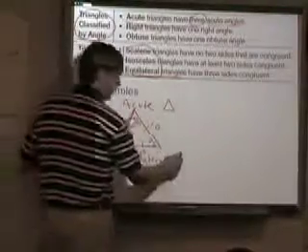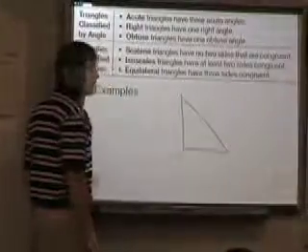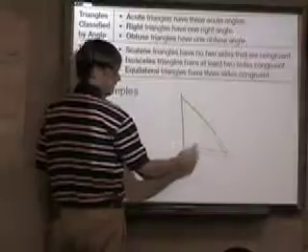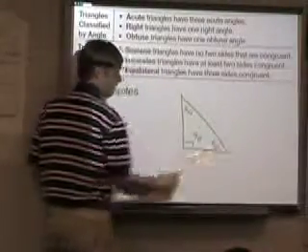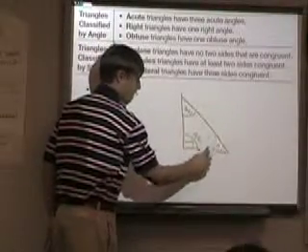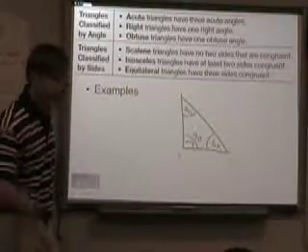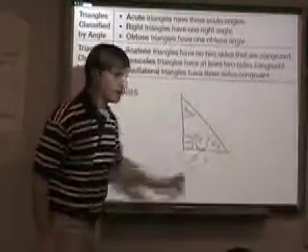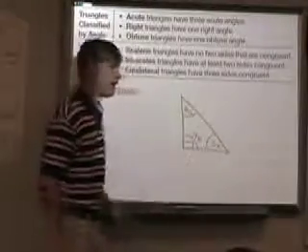Let me show y'all something. If this is my triangle, I've got 6 numbers I can show here. Let's say 90, 30, and 60. There's three numbers. Now these three numbers have to do with the what? The angles.